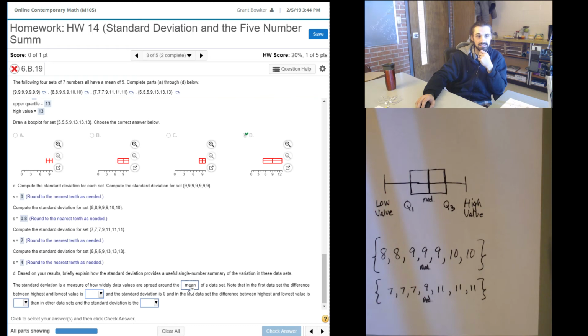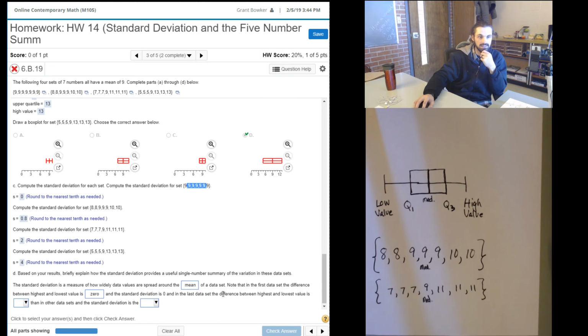Be careful in this example because the mean was also the median. We had a mean of 9, and every one of these sets that we looked at had a middle value of 9 as well, or a median value of 9. So note that in the first data set, the straight 9s, the difference between the highest and lowest value is 0, and the standard deviation is 0.